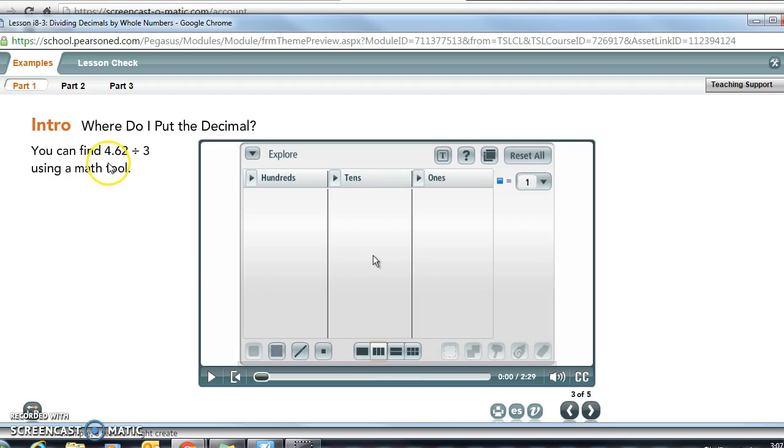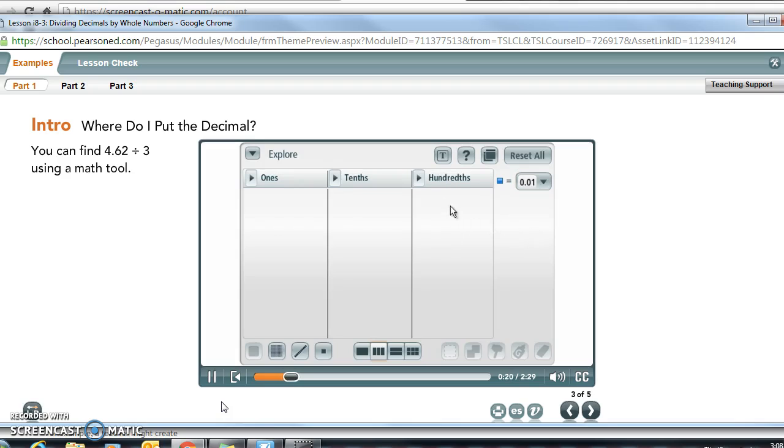So you can find 4 and 62 hundredths divided by 3 by using a math tool. Let's find 4 and 62 hundredths divided by 3. First, we need to model the dividend, 4 and 62 hundredths. Since the dividend shows hundredths, we need to change the value of each small block to 1/100th, or 0.01.